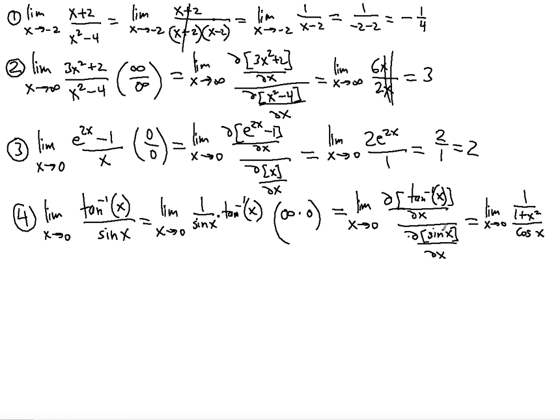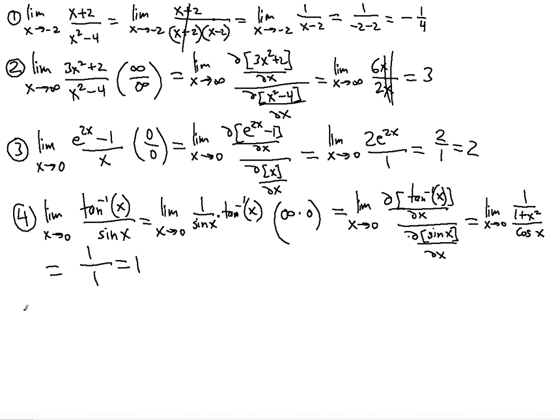And now this can be evaluated, because we would have 1 over cosine of 0, which is 1. So that would give you 1. So as you can see, whenever you cannot avoid having an indeterminate form of any type, you must use L'Hopital's rule.